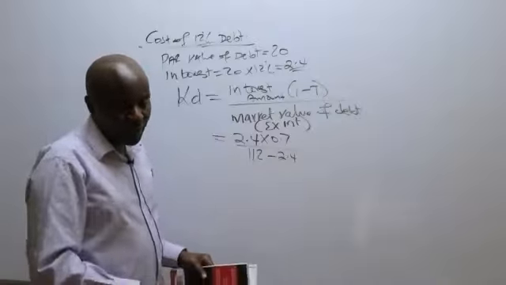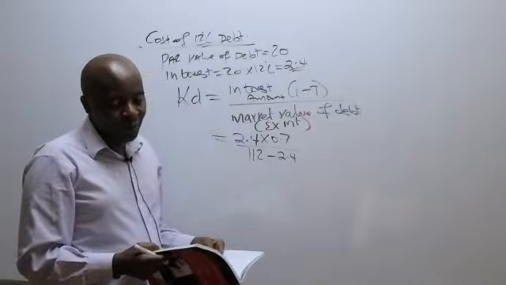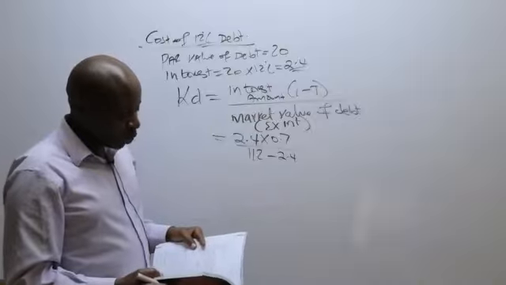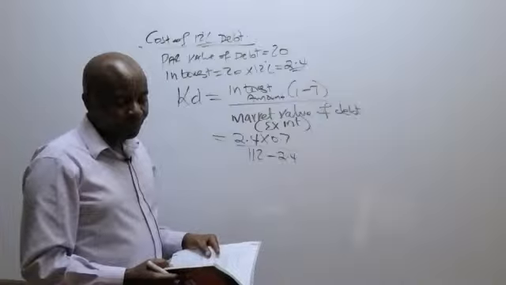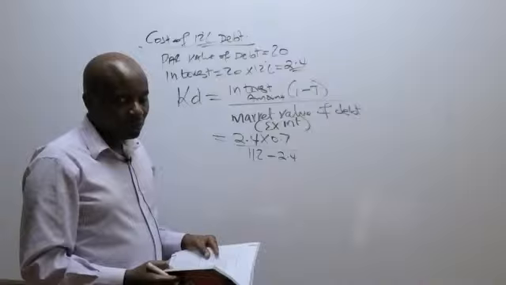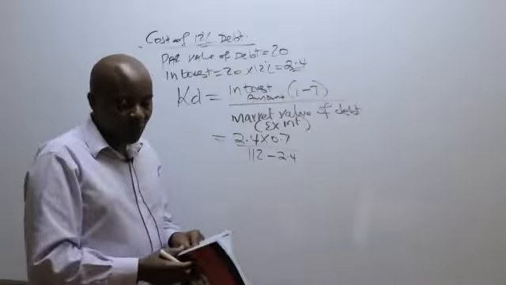Kindly give me the answer here. Whatever you get, times 100, change it to percentage. Tell me what you are able to get. Who can give me this final answer, ladies and gentlemen, so I can move very fast?